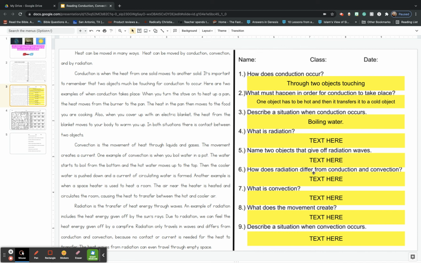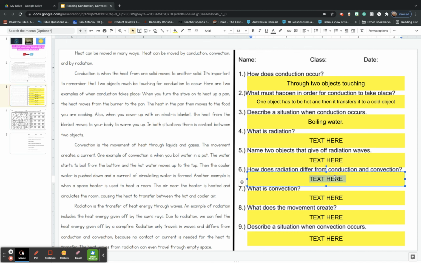Now it says, how does radiation differ from conduction and convection? Well, the answer that I think of is that nothing's touching. With convection, technically, you have heat currents moving, but you could argue that the water is touching the pan, which is touching the heating element.